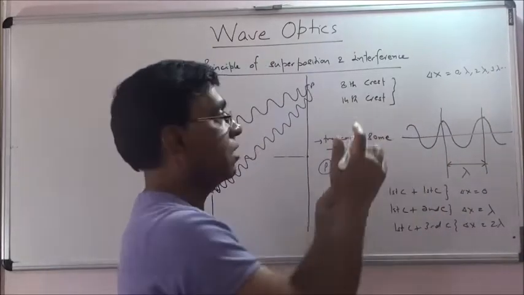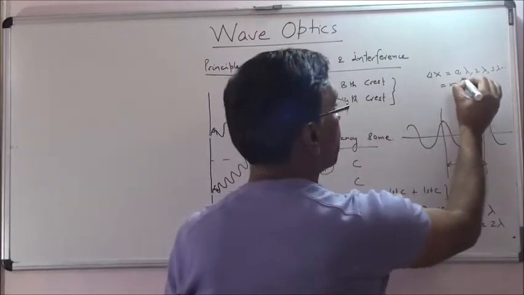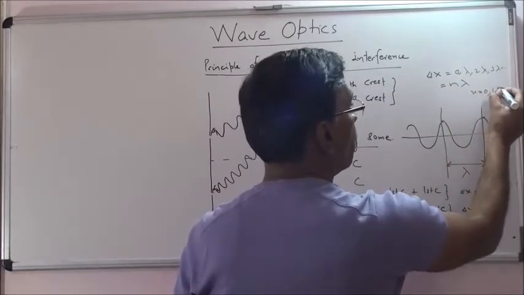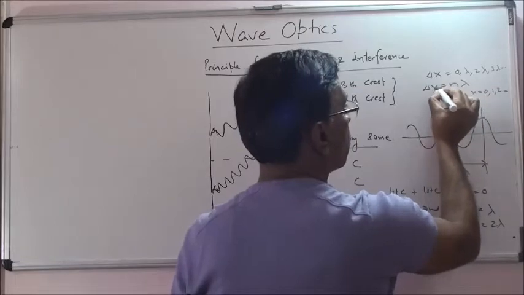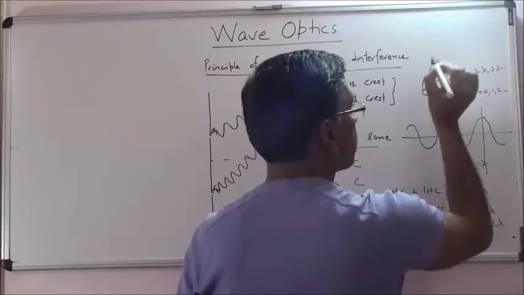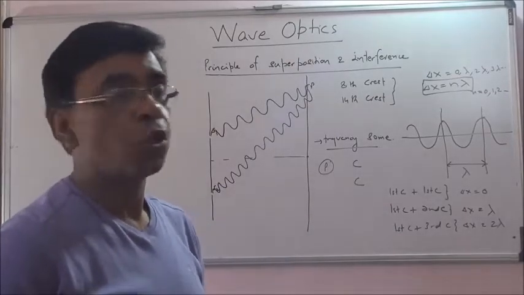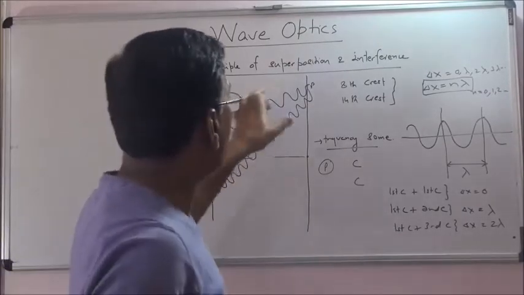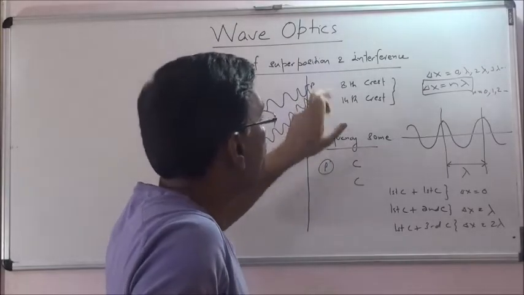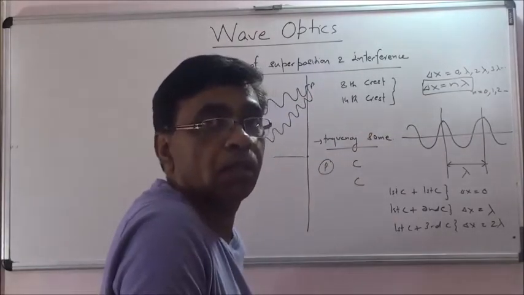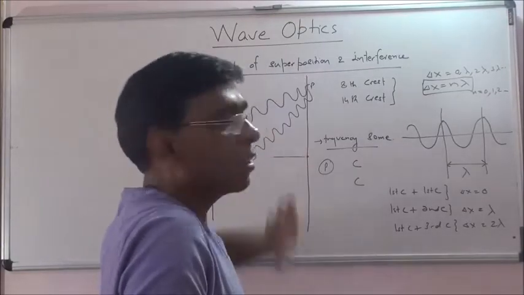Or I can write it simply as n lambda, where n is 0, 1, 2, so del x is n lambda. Whenever the path difference between the two waves reaching a point is a multiple of lambda, then we get maximum intensity.